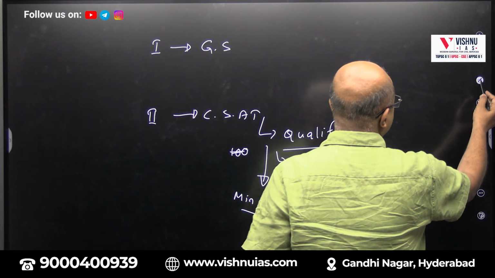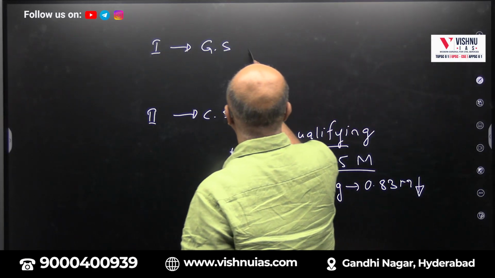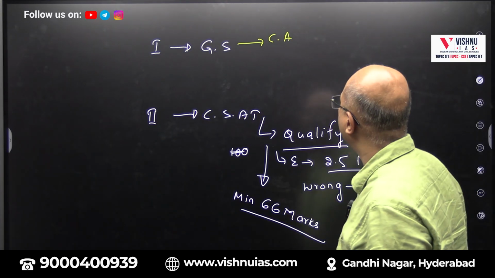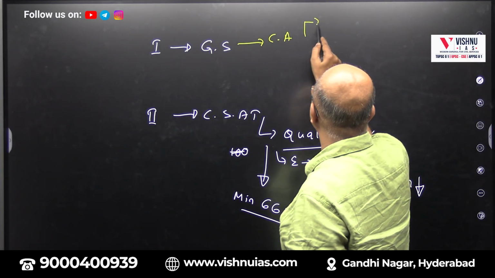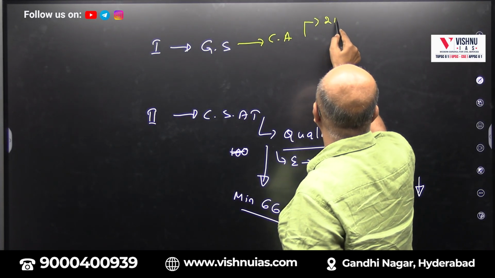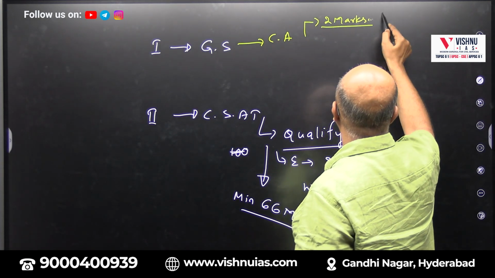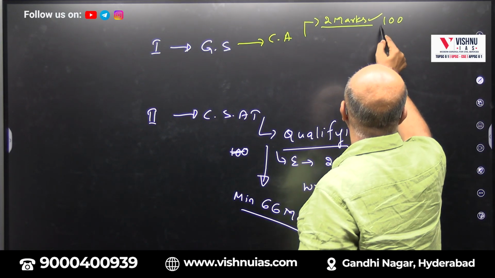Now what does this GS1 consist of? GS1 consists of all current affairs and knowledge is required. Here every question carries 2 marks. For every correct answer, you will get 2 marks. 100 questions will be there.